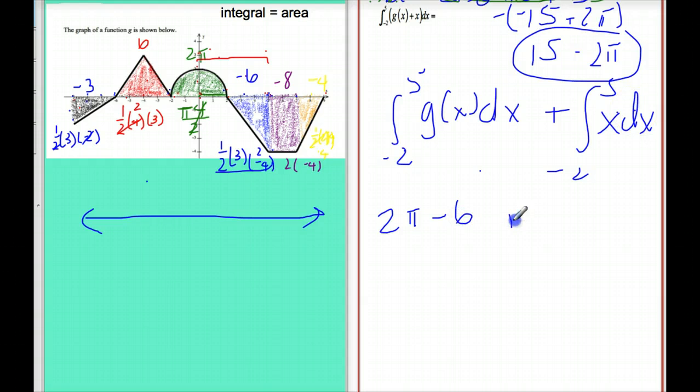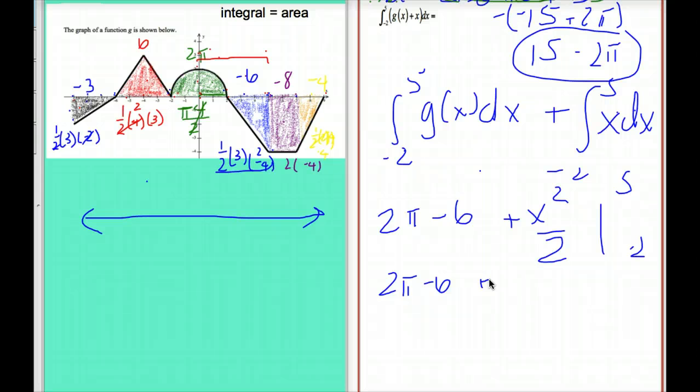But now I have to actually calculate this, so I get plus x squared over 2, and I must plug in 5 and negative 2. So if I continue this, I get 2 pi minus 6 plus 5 squared is 25 over 2 minus negative 2 squared is 4 over 2.